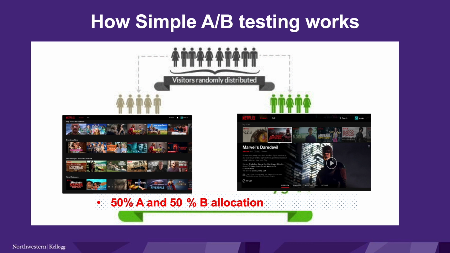When you design this A/B testing experiment, you divide the group of users who are coming in into two groups, and one group would see design A, the other group would see design B. One thing I would like you to remember about these simple A/B tests is that 50% of the users who are coming in would see design A, while the other 50% would see design B. That is the one important thing about these simple A/B tests.